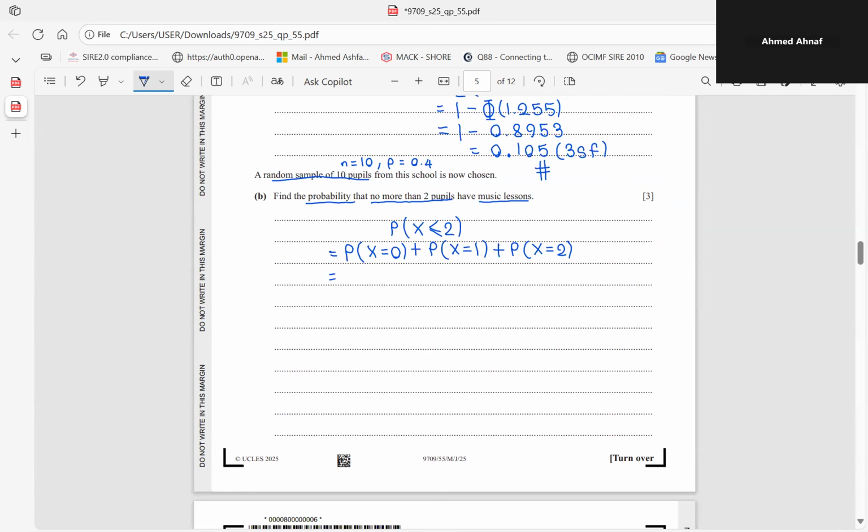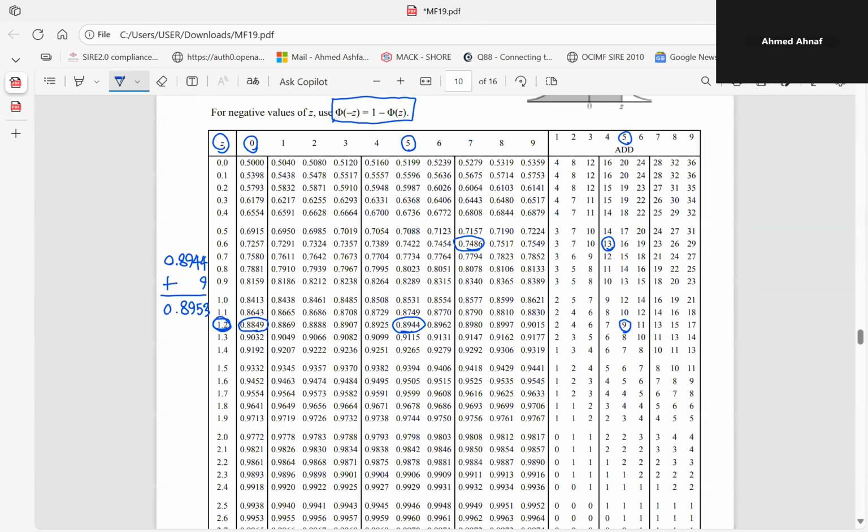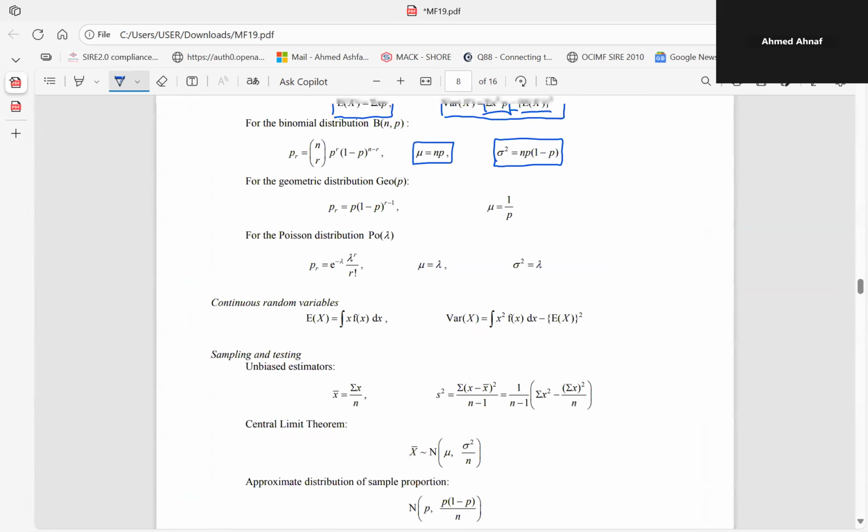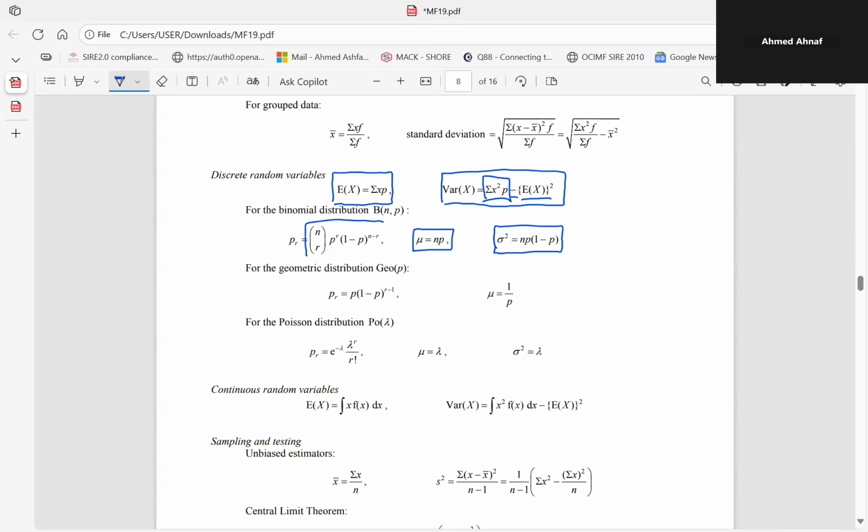To find the probability, the formula is given in your MF19, which is this. So r is the x value, right?